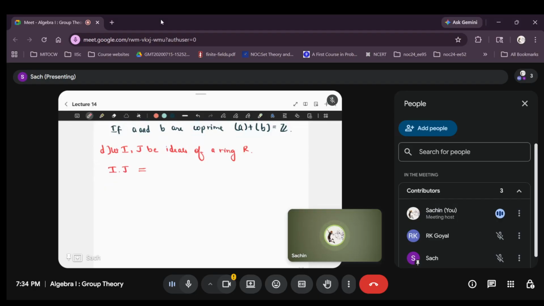Suppose we define I times J. If I simply defined it as AB, where A is in I and B is in J, would it be an ideal? Is there any guarantee directly?